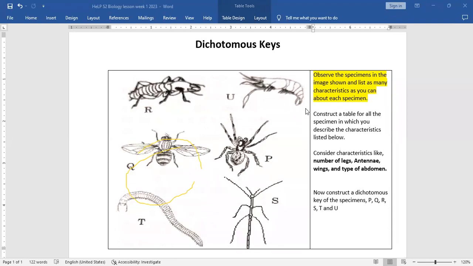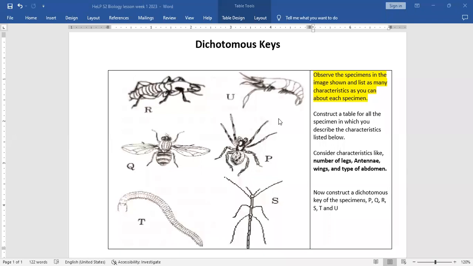So can we maintain the letters that were given? When you get to this kind of work, please do not rename the specimen. There is no housefly here, but there is specimen Q. Is that okay? Then when they tell you to observe the specimen, I expect you to look at what you are seeing. The image I gave you, can you see a hairy body?